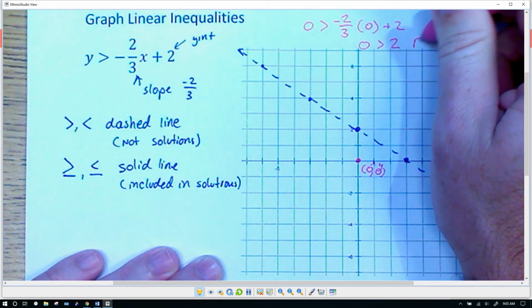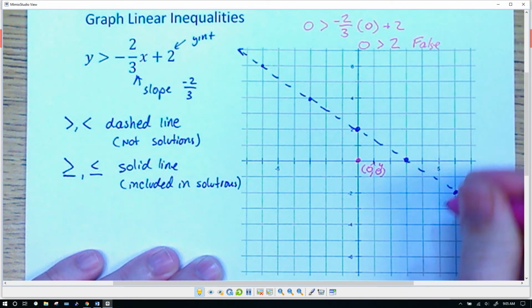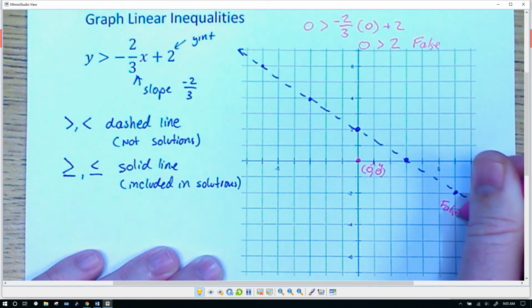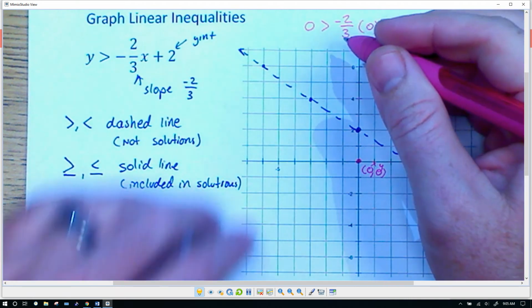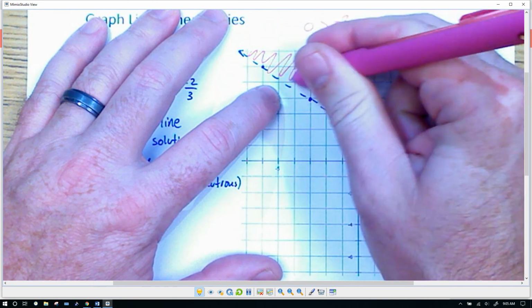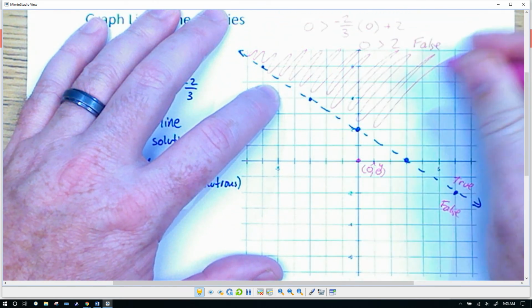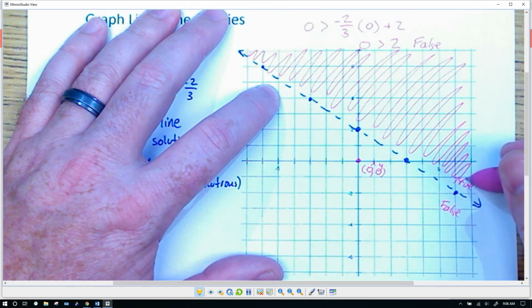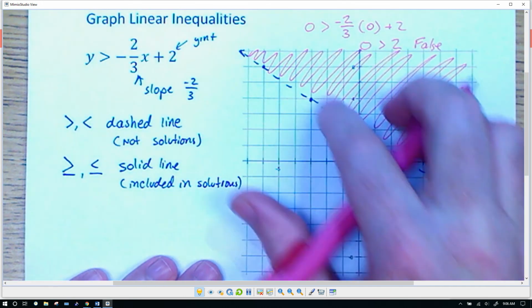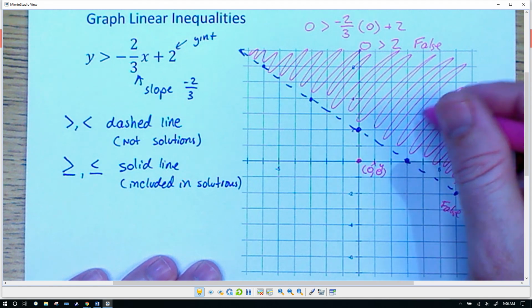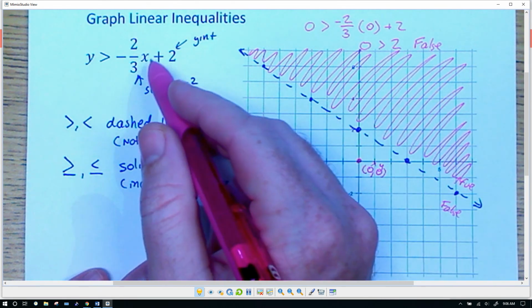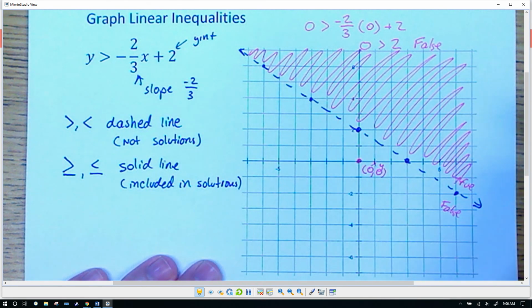No, this is false, which means that this whole side is false. The opposite side must be true. So I'm going to shade everything over here. Everything on this side of the line is a solution to that. So any ordered pair that you choose in the shaded area is a solution to this. And we always want to shade our solutions.